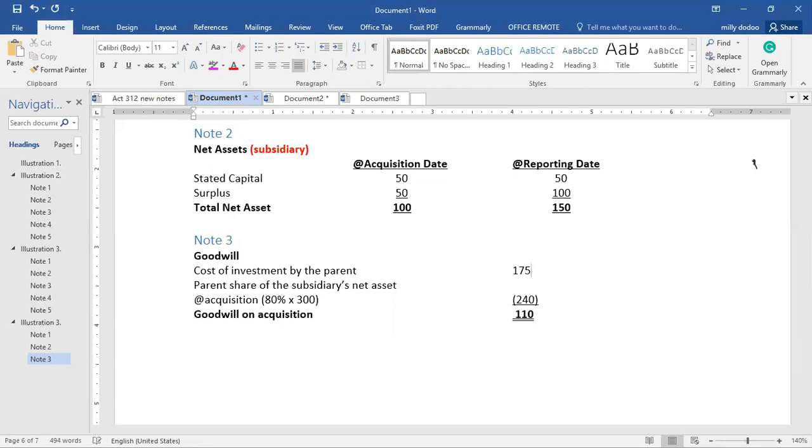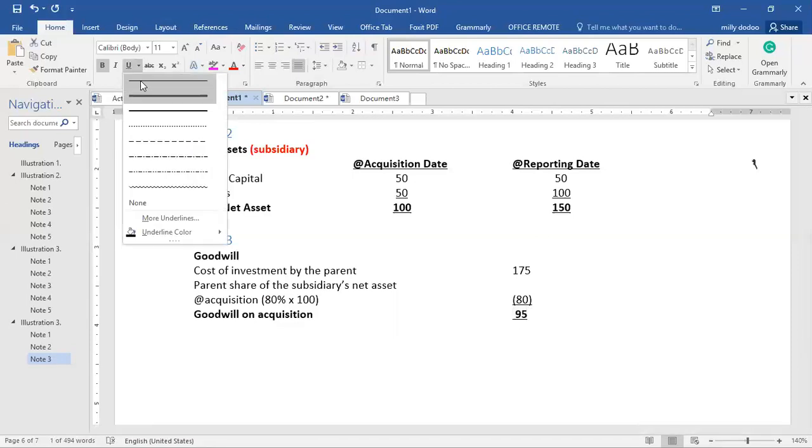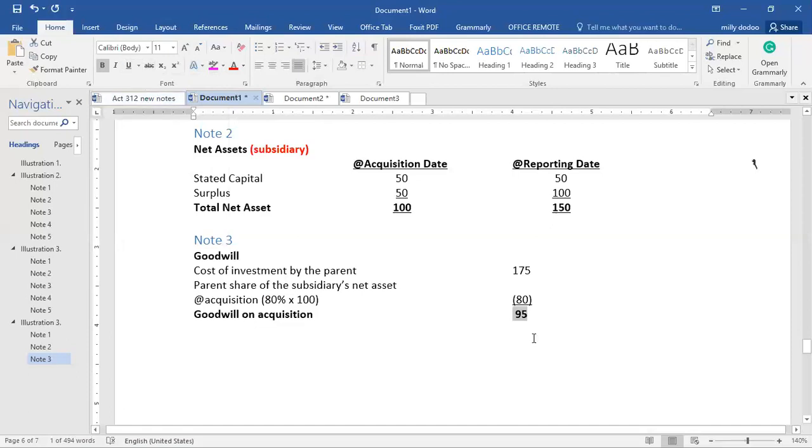Muscat invested 175. Then the parent share of the net asset at acquisition is 80% of the 100. So 80% of the 100 will be 80. So therefore, goodwill on acquisition is 95.